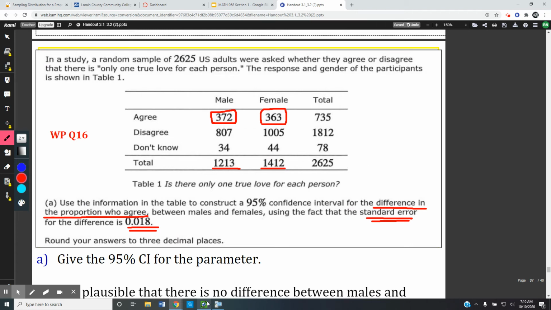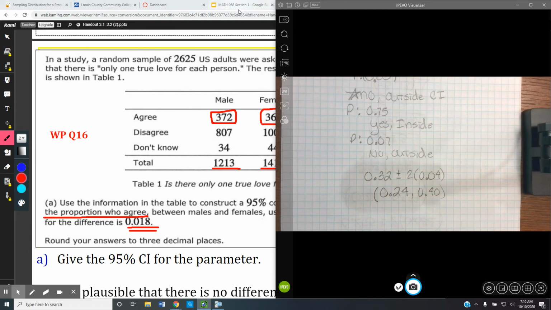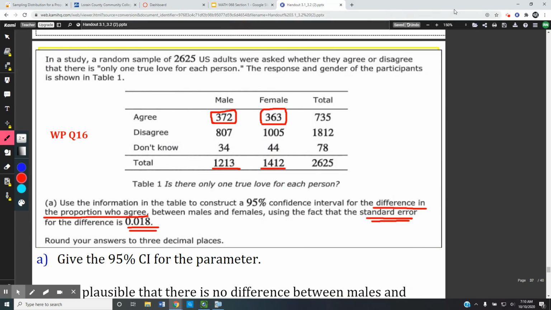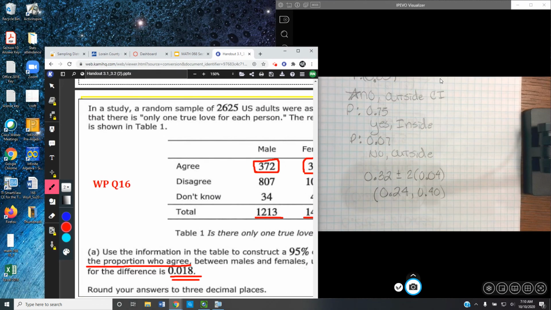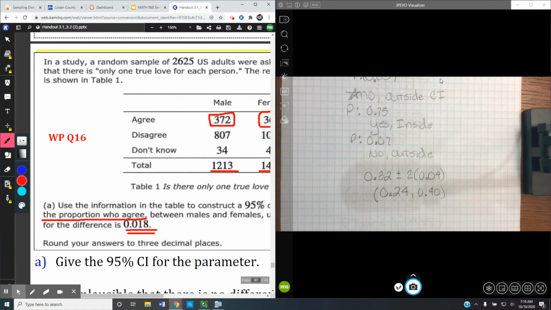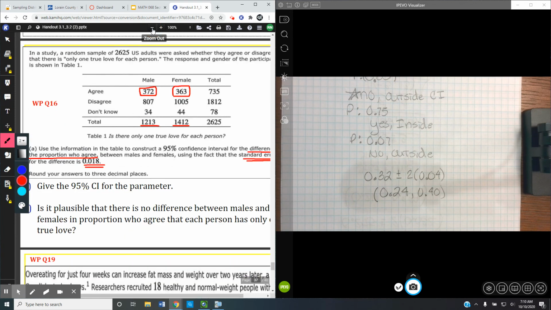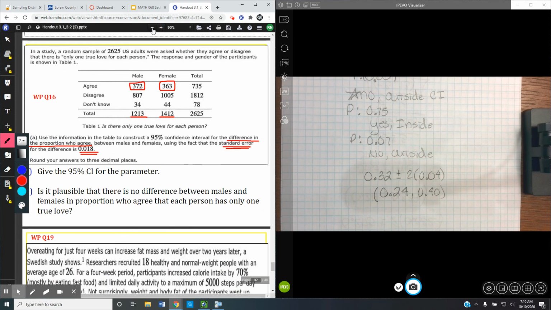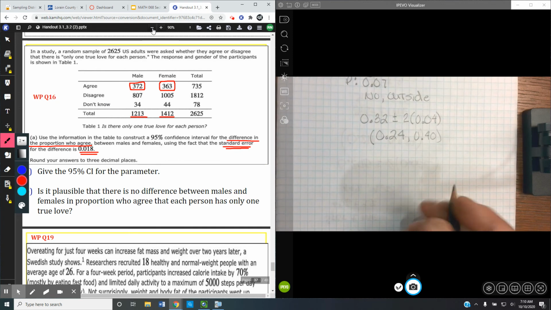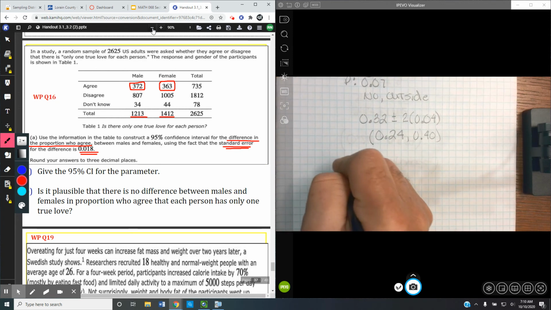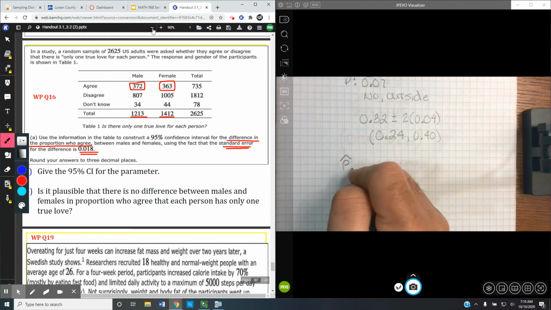So let's get a place where we can work here. Let's make it so we can see what we're doing, and let's shrink this one down. Okay. So first of all, let's get the proportion p hat of males.